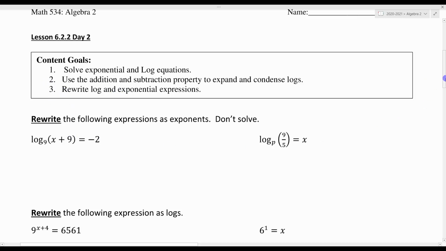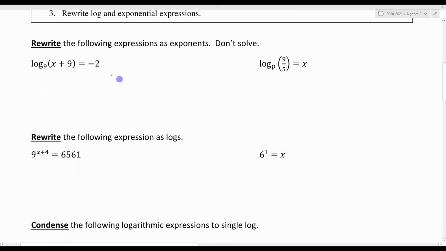All right, so we're gonna jump right into it here. We are rewriting the following expressions down here as exponents. So remember, logs are exponents in disguise. So we can rewrite this as an exponent simply by using the circle of life, right? So we're going to start with the base here, which is 9. And then we're going to circle around to the other side of the equal sign.